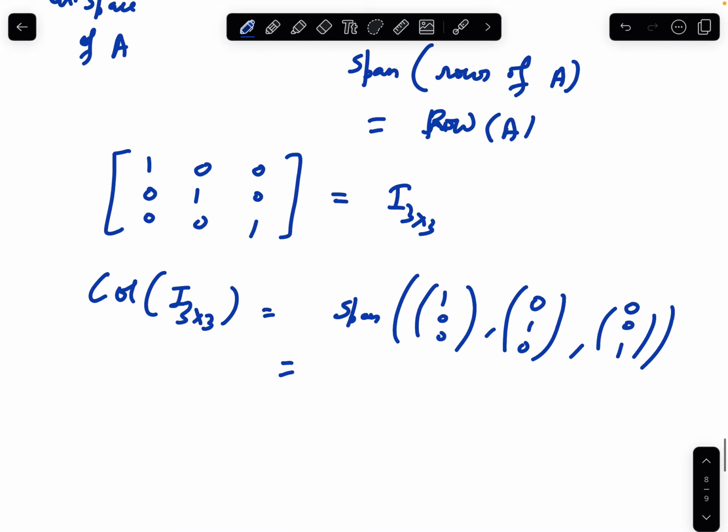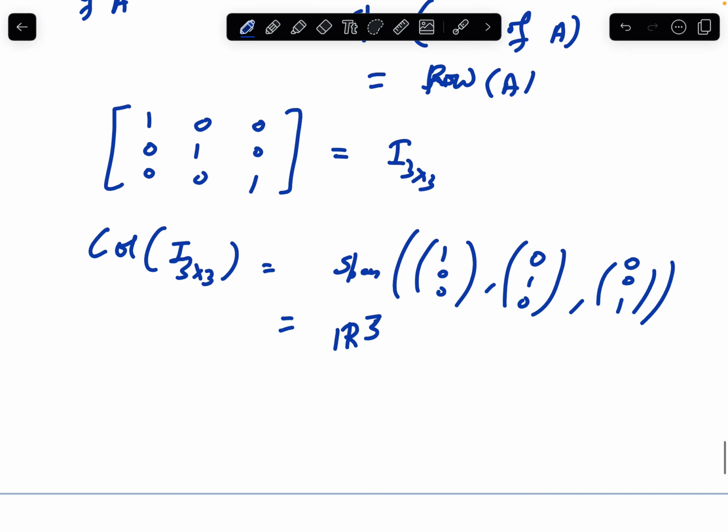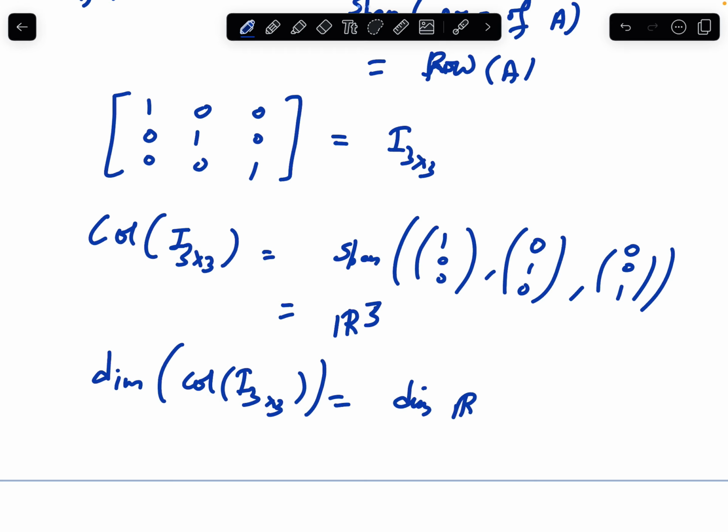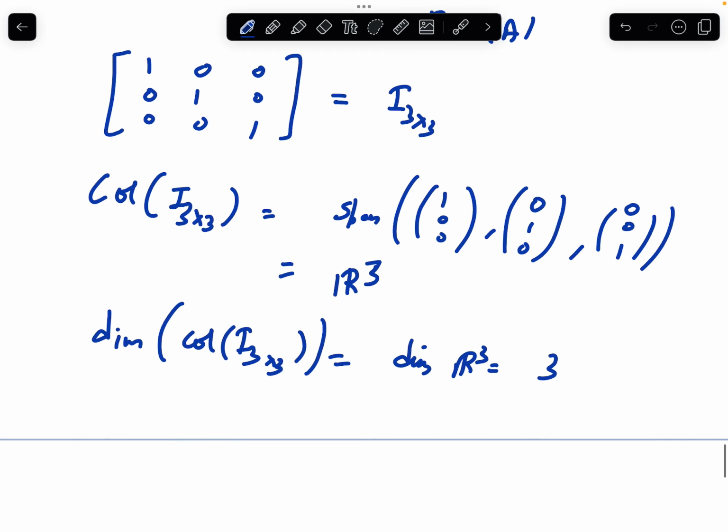And you know what this span is. This is nothing but R3, right? And what is the dimension of this now? It is equal to dimension of R3, and dimension of R3 is 3, right?